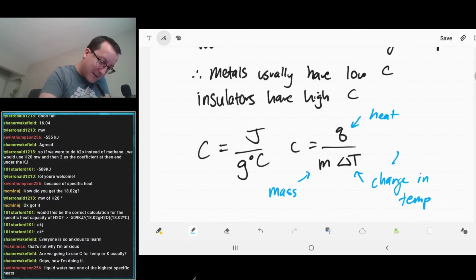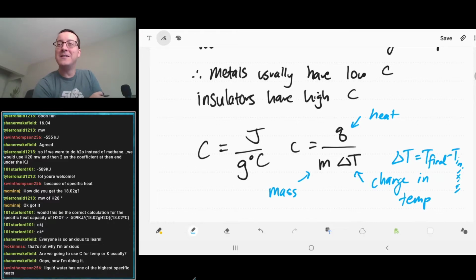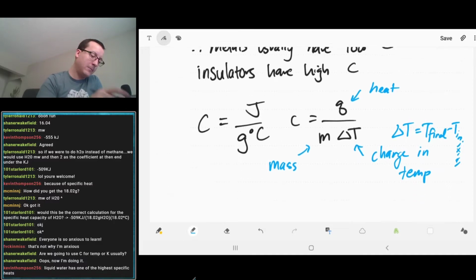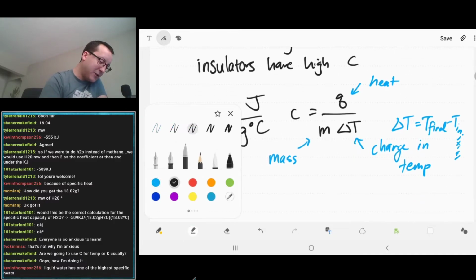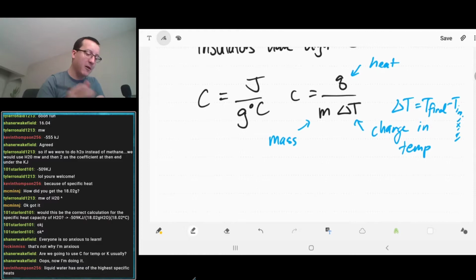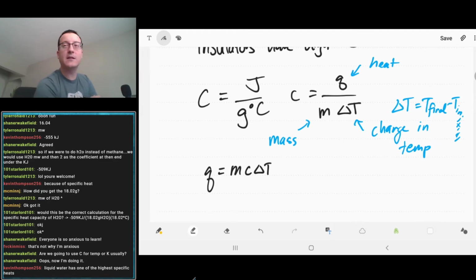And guess what? Delta T will always be final minus initial. However, a lot of us like to put equations where we don't have fractions, so often you'll see this as MC delta T, which we could remember because, look, it's your MCAT.